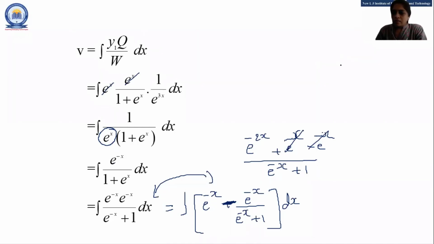For the first case, your right hand side is the exponential term e to the power ax plus b. For the second case, your right hand side is sine or cos, right? For the third case, your right hand side is x to the power m or a polynomial in x.